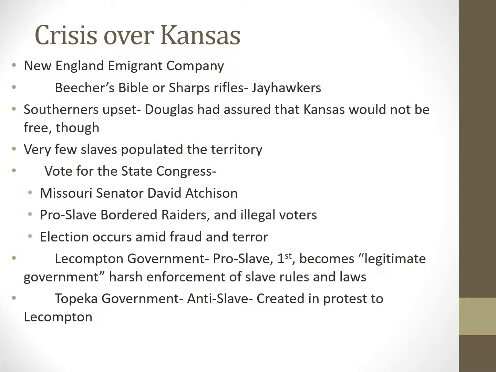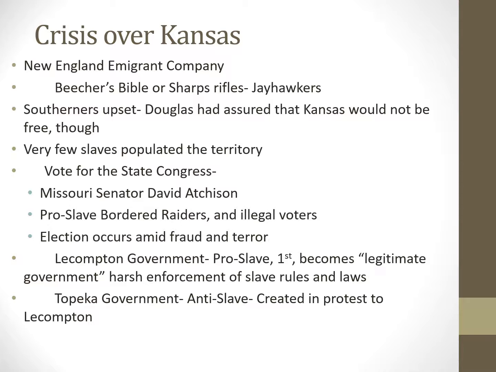The first government was the Lecompton government, and it was a pro-slave government. It was the government that resulted from this vote that David Atchison's border ruffians, as they were sometimes called, had basically encouraged at the point of a gun. This was theoretically the legitimate government. It was a result of this process, and it was an incredibly fraudulent government.